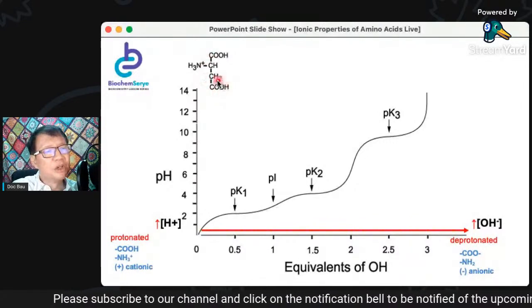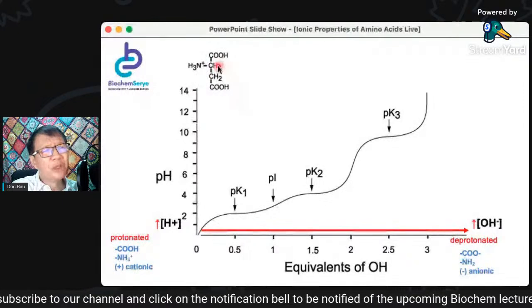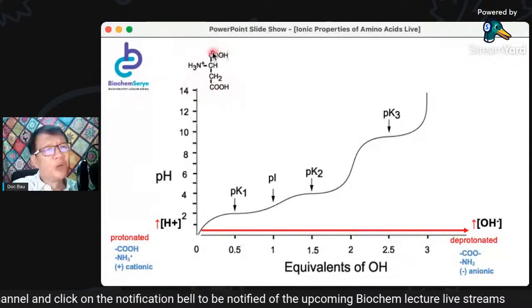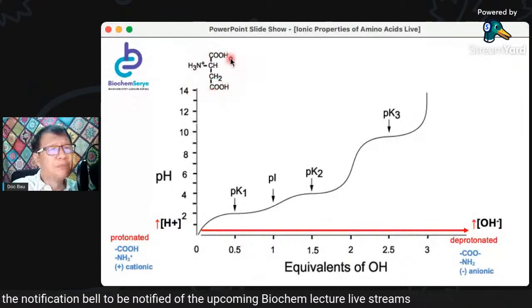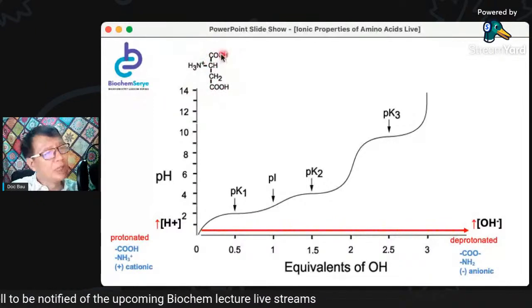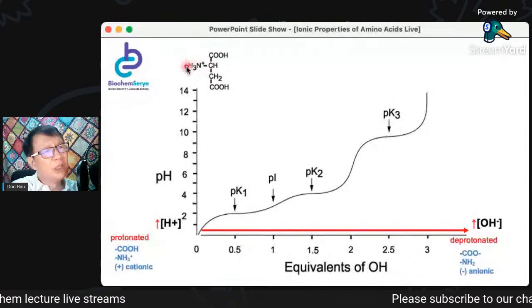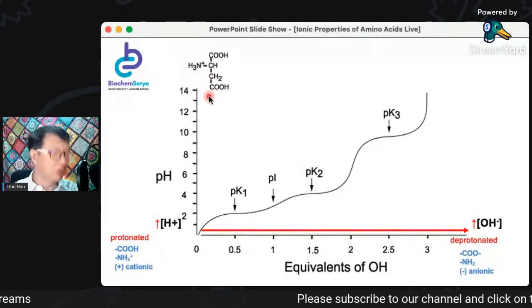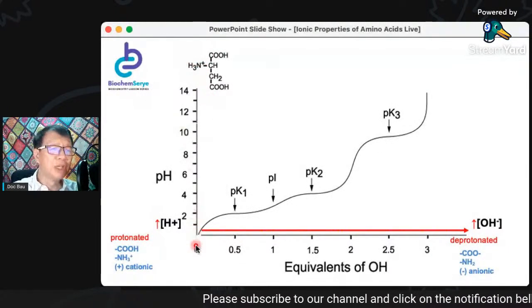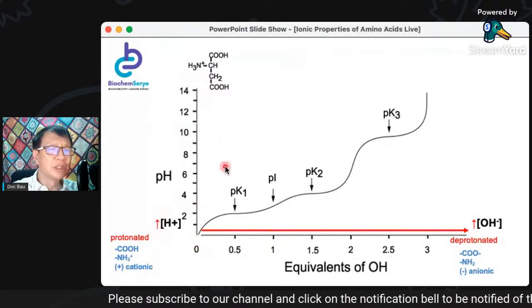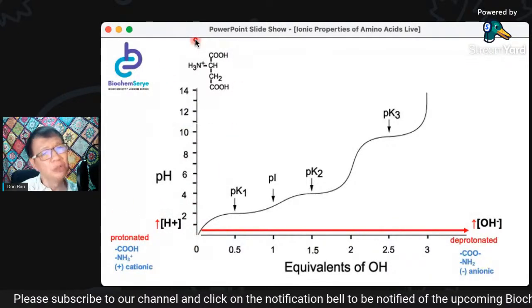So if we're going to look at this, your carboxyl groups are not deprotonated, right? So they're undissociated, unionized, and your amino group is what? Your amino group is protonated because your pH is very, very low. Your hydrogen ion concentration is high. No one has to give. Why would I give?